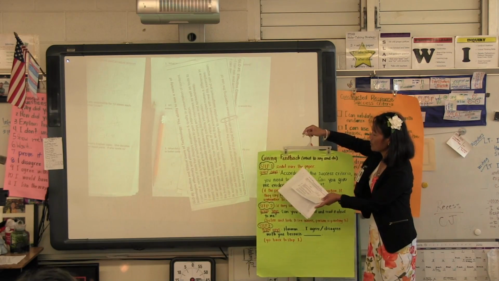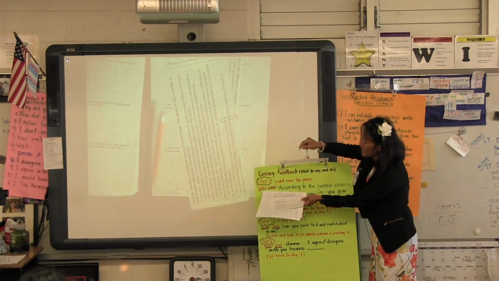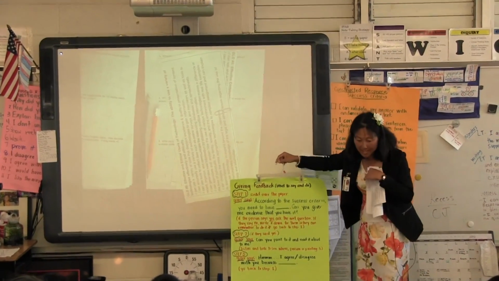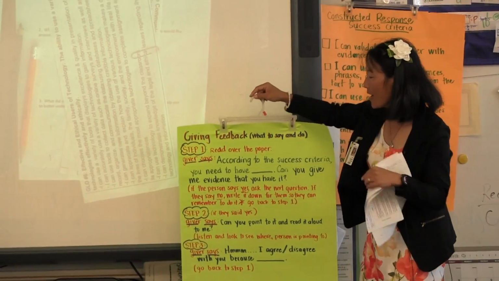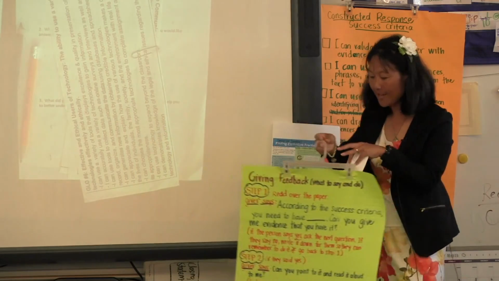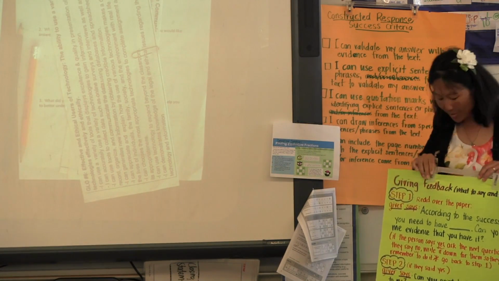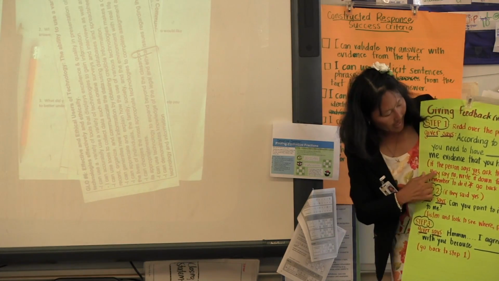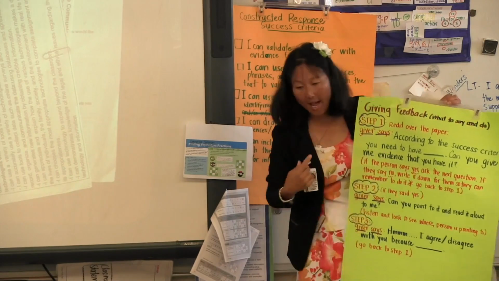Step one is read over the paper. So I'm going to read over her paper. And then I'm going to say this. You see the giver? I'll be the giver first because this is Miss Gallego's paper. So I'll be the giver and I'll say, according to the success criteria, you need to have, and I'm going to say this, because this is the first one. And then I'm going to tell her, can you give me the evidence that you have it?